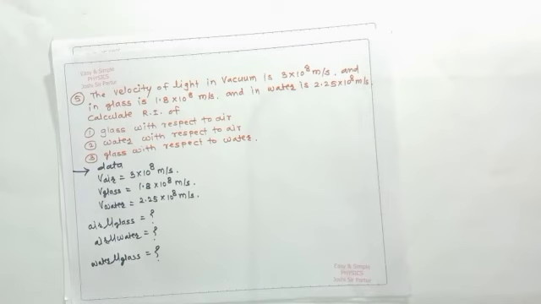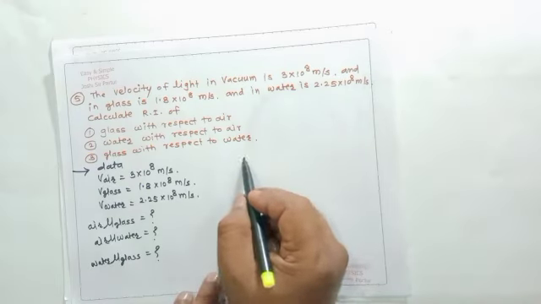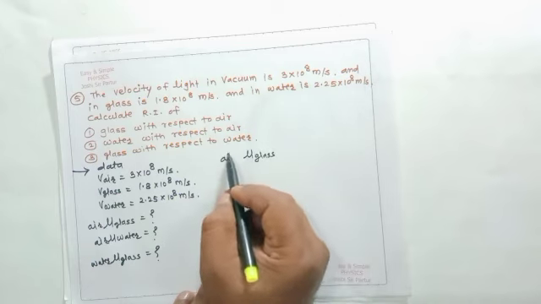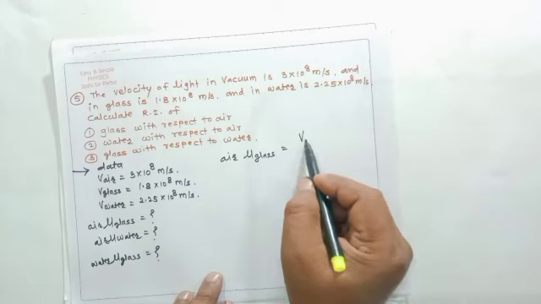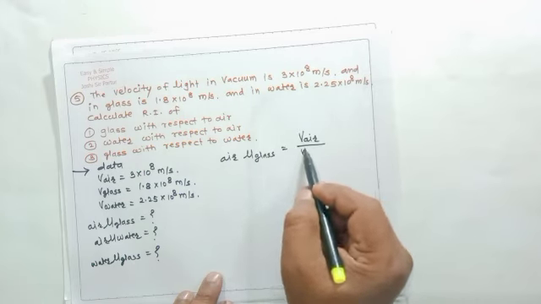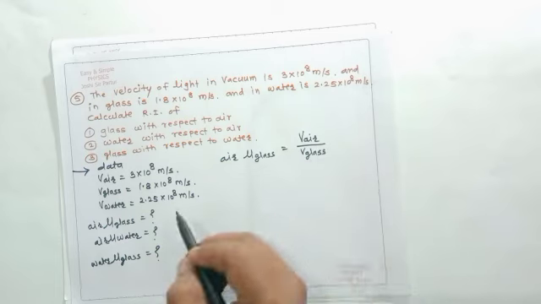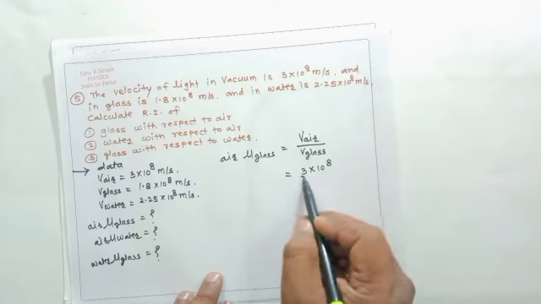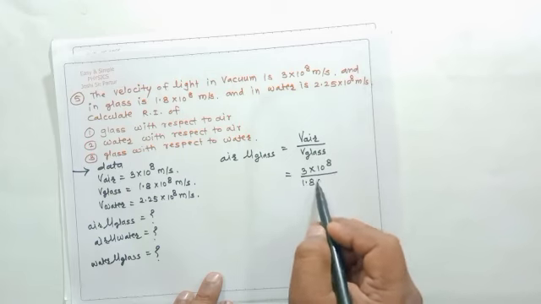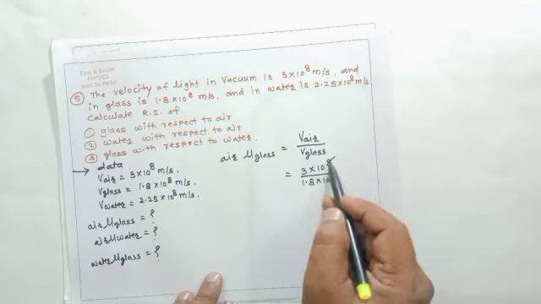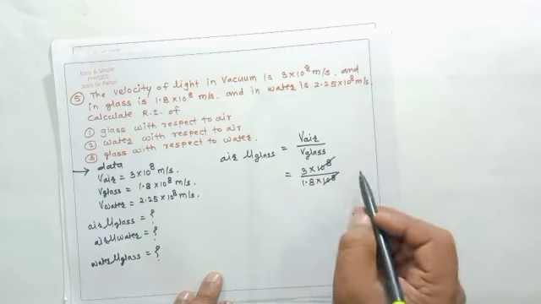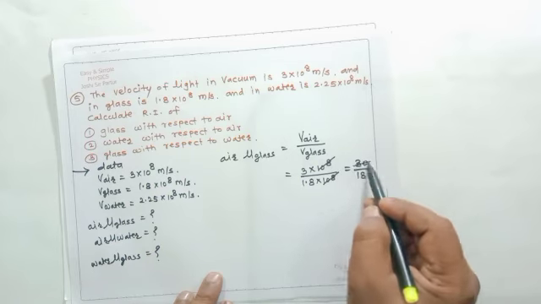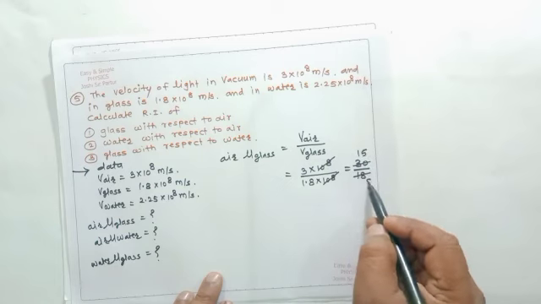Using Snell's law, we can use the formula: refractive index for glass with respect to air is velocity of light in air upon velocity of light in glass. Substituting the values, we get 3 into 10 raised to 8 divided by 1.8 into 10 raised to 8. 10 raised to 8 gets cancelled. So we can write 30 upon 18, so here 15 upon 9.